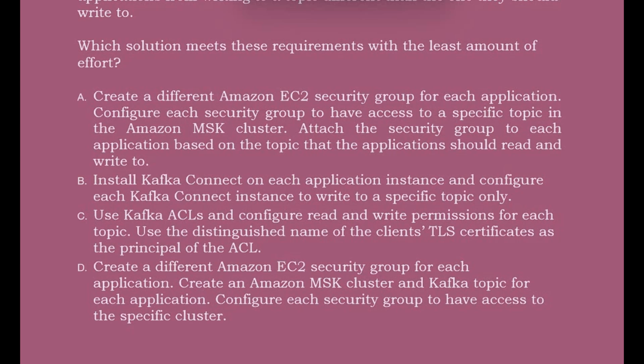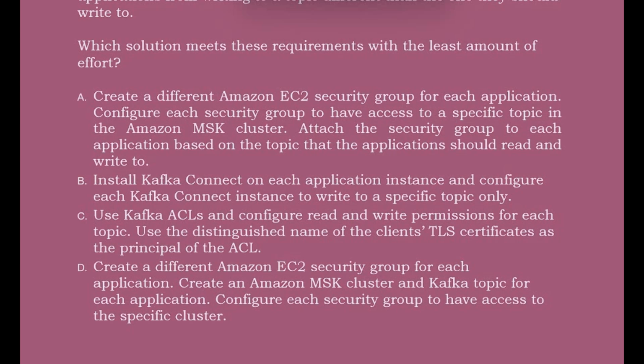Option B, install Kafka Connect on each application instance and configure each Kafka Connect instance to write to a specific topic only. Option C, use Kafka ACLs and configure read and write permissions for each topic.